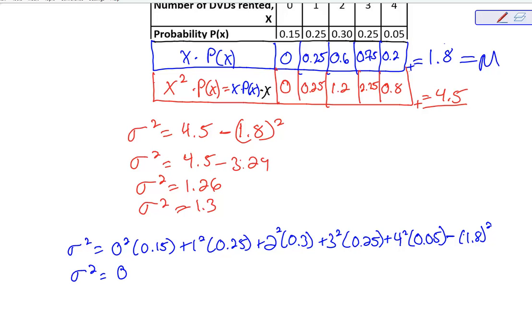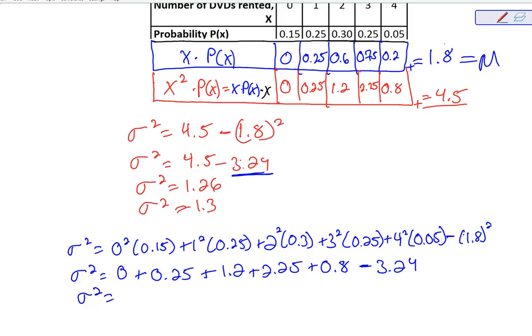So I get 0 squared, which is 0, times 0.15, still 0. And I'm going to get these same numbers that I did previously in that last row that I added on. 1.8 squared was the 3.24.